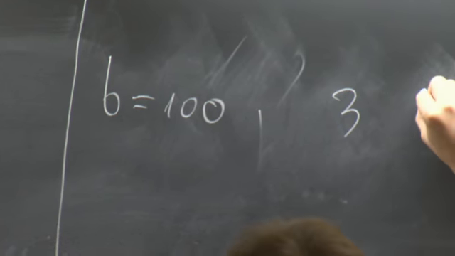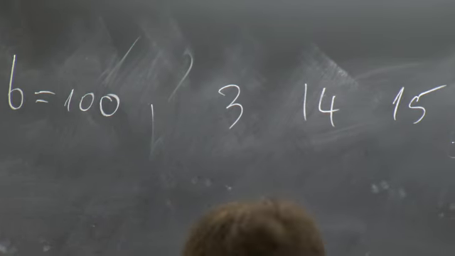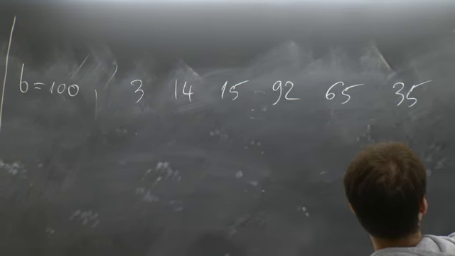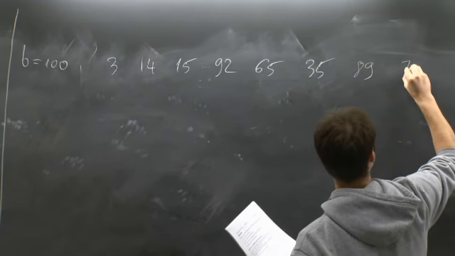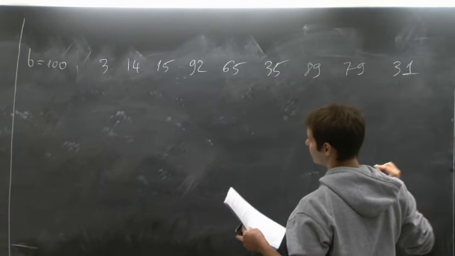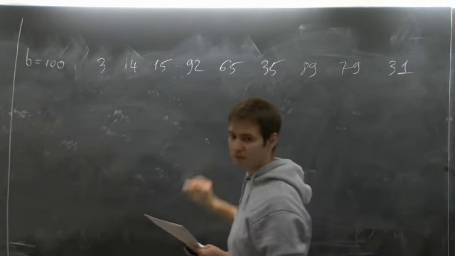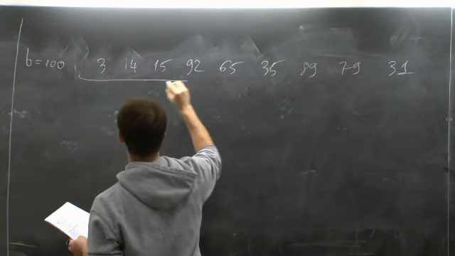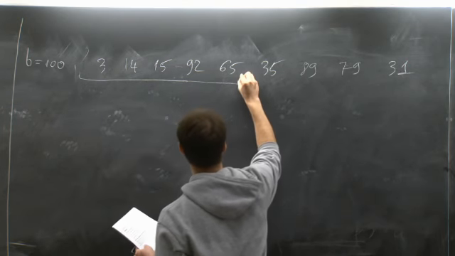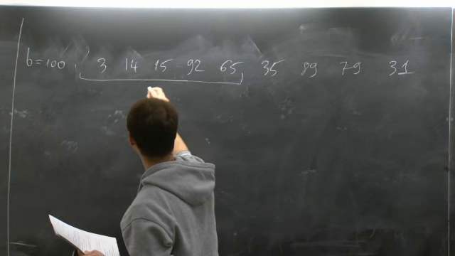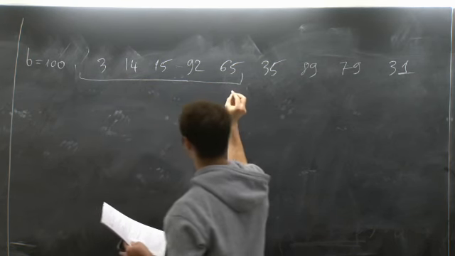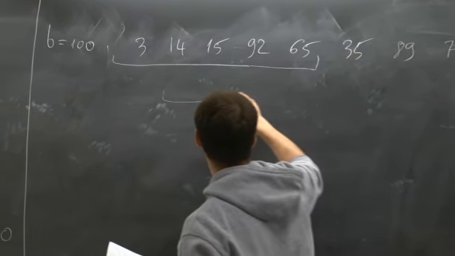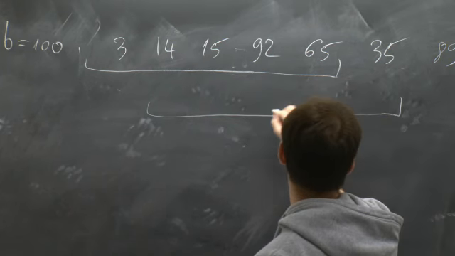So 3, 14, 15, 92, 65, 35, 89, 79, 31. So these are all base 100 numbers. And say my rolling window is size 5. 1, 2, 3, 4, 5. So I'll want to come up with a way so that I have the hash of this, and then when I slide my window, I will get the hash of this.